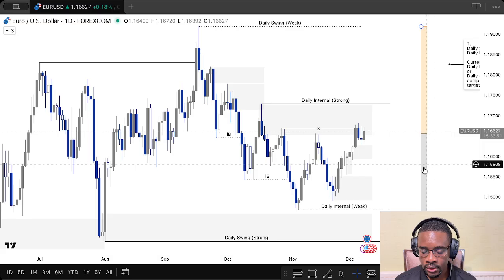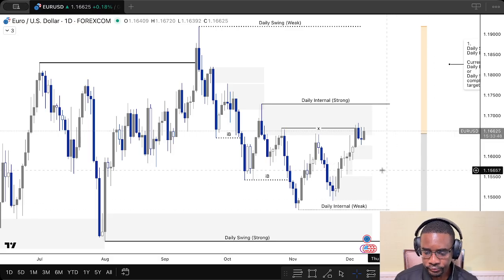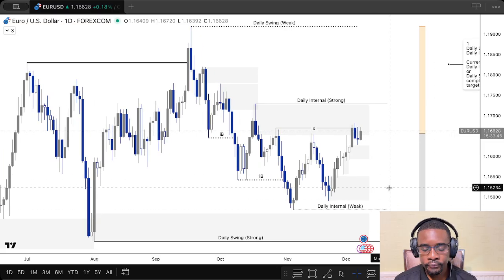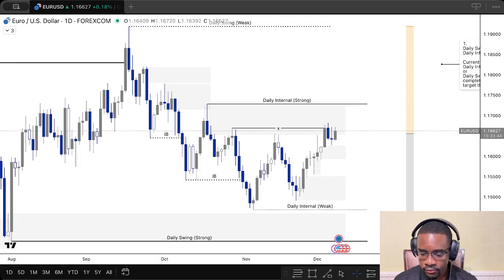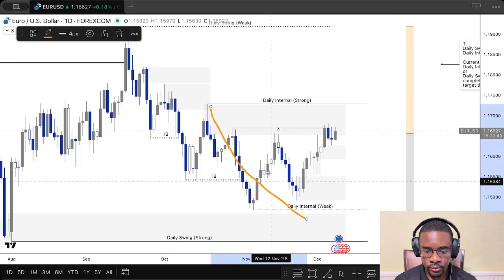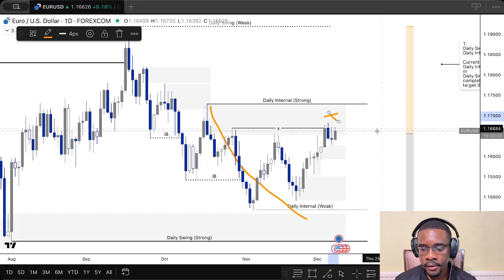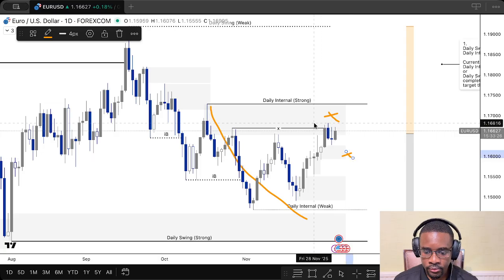Let's look at what happened on Friday last week. We do have our daily internal that's still bearish. Price was reacting from this daily supply, and we do have this newly created daily demand that was responsible for breaking these highs over here.